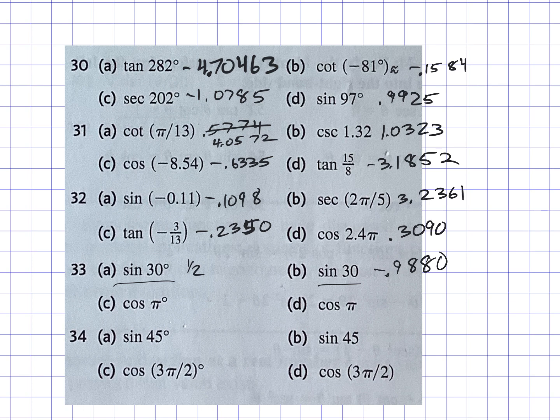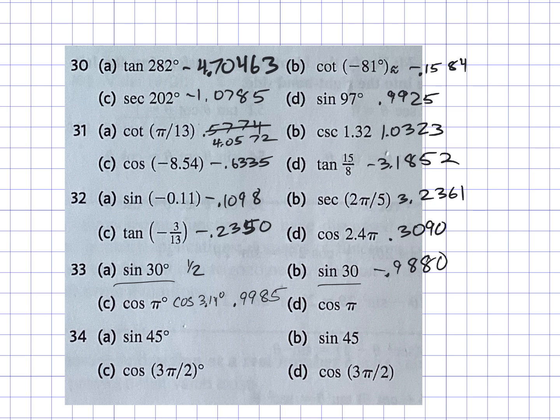And since you have the degree symbol there, it's really saying the cosine of 3.14 degrees. Except we're not going to round it, we're going to use the pi button. And you do that in degree mode, you should get 0.9985.